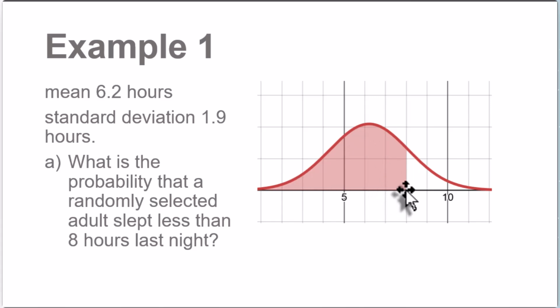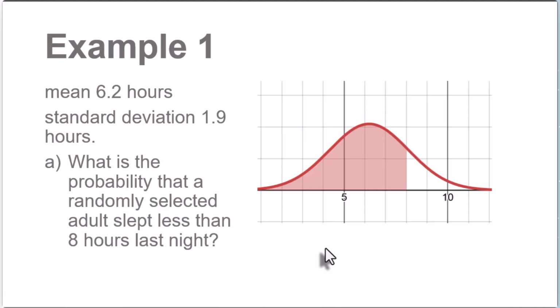8 is a little higher than the mean, so we see that cutoff point on the right side of the distribution, and we're looking for this area. I definitely recommend that you just sketch out a little picture like this. It doesn't have to be super precise, but mostly just to get a sense of, is the area we're looking at going to be more than 50%, less than 50%, close to 1, close to 0?